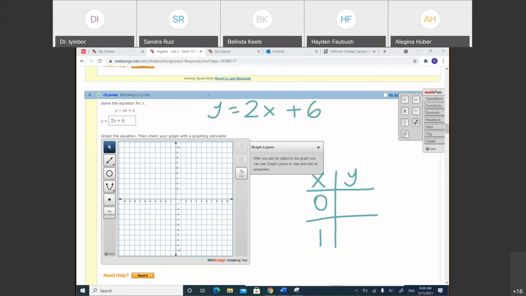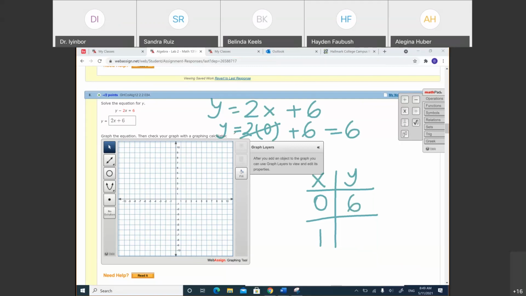When I replace x with 0, I get y equals 2 times 0 plus 6. 0 plus 6 is 6. So when x is 0, y is 6, right?